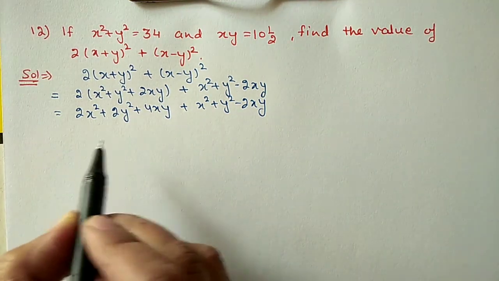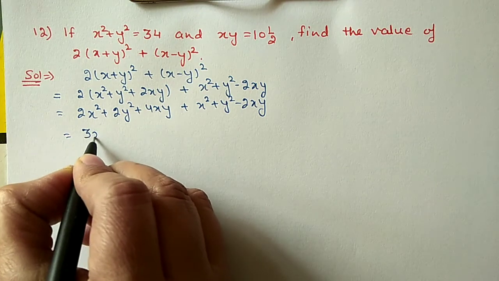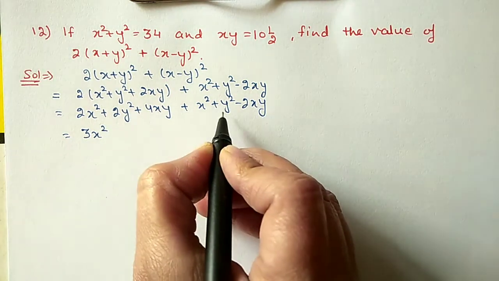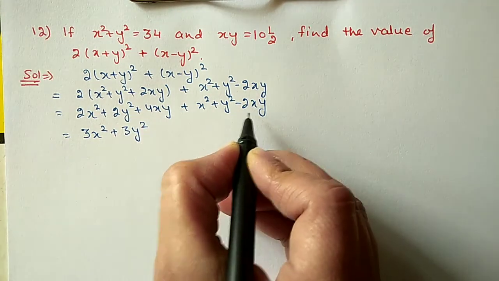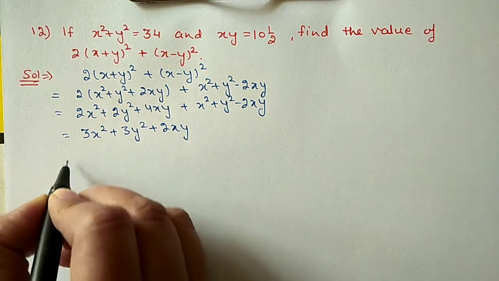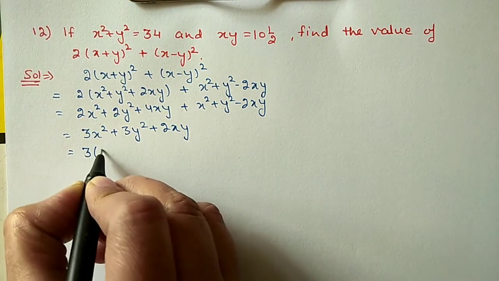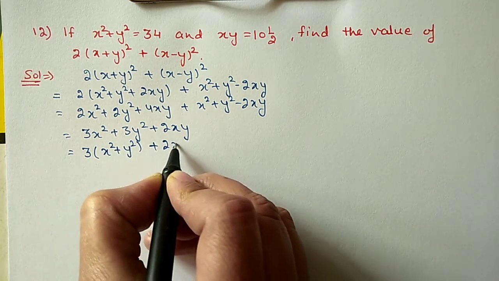Now like terms we can simplify. 2x square plus 1x square is 3x square, 2y square plus y square is 3y square, 4xy minus 2xy is plus 2xy. From these two, 3 we can take out common, then it will be 3 times (x square plus y square) plus 2xy.